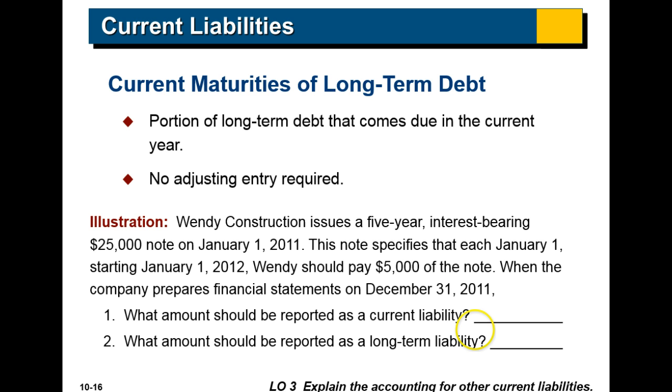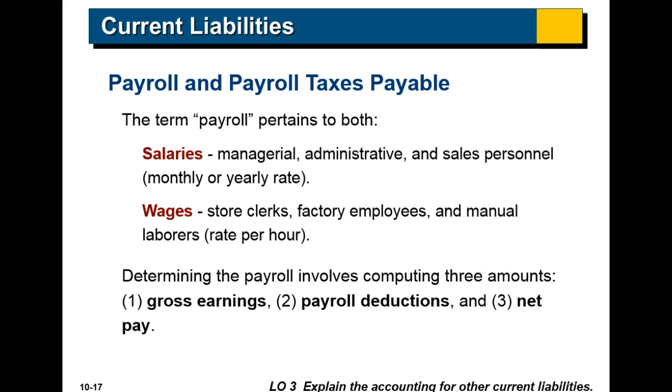When the company prepares financial statements as of December 31st, 2011, $5,000 is going to be shown as a current liability, and then $20,000 of it is going to be classified as a long-term liability. Because that $5,000 is due in the current period, that portion of it is going to be treated as a current liability.